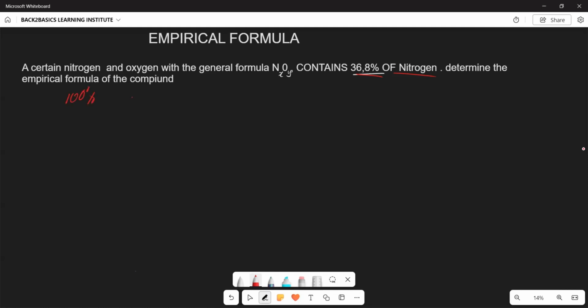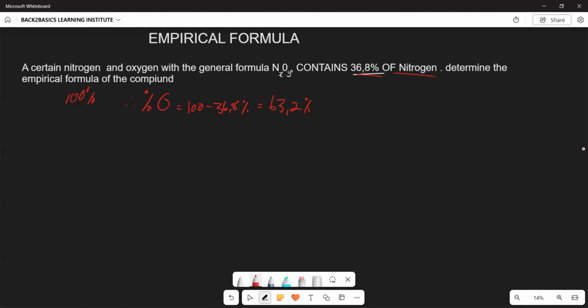Your percentage of oxygen is going to be 100% subtract 36.8%, and what you're going to get is 63.2%, which is your percentage of oxygen, right? Now that's the first step.